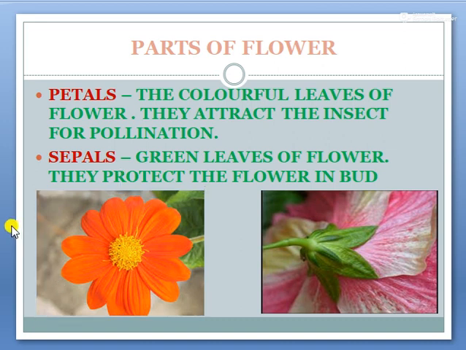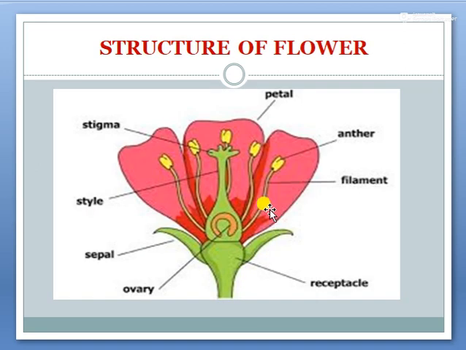What role do they perform? The petals are colorful, so they attract insects towards them, and the insects help in pollination. Pollination means transfer of pollen grains from the anther to the stigma. The anther contains small pollen grains.